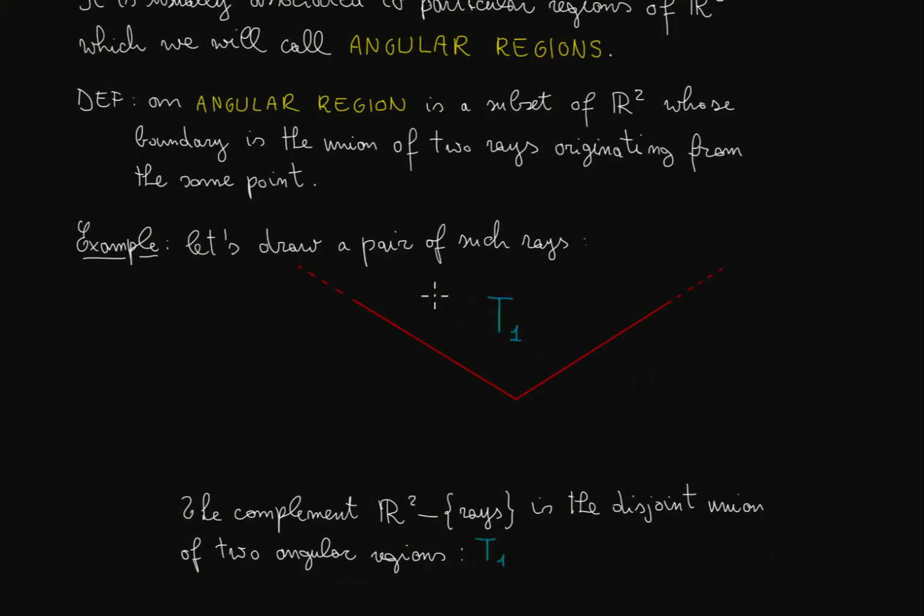One is called T1 and it is the upper part, and another one we will call T2, which is the lower part. These are infinite rays, so the complement is disconnected, and one connected component is the T1 here on the top, and another one is T2 here on the bottom.